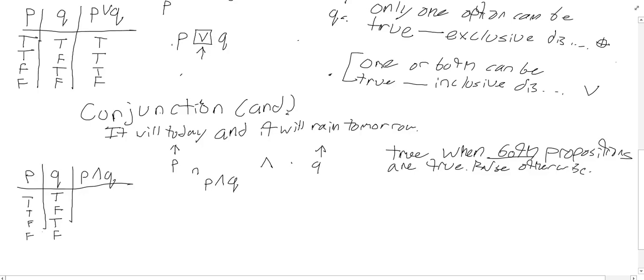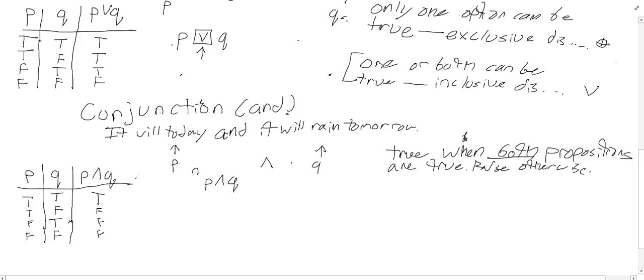I'm sorry, my alignment is not the best, but you get the idea. Okay, so our definition of the conjunction is true when both propositions are true. P and Q are our two propositions. P is true, Q is true, P and Q, well, that's true. It's going to be false in every other case, though, because they're not both true.